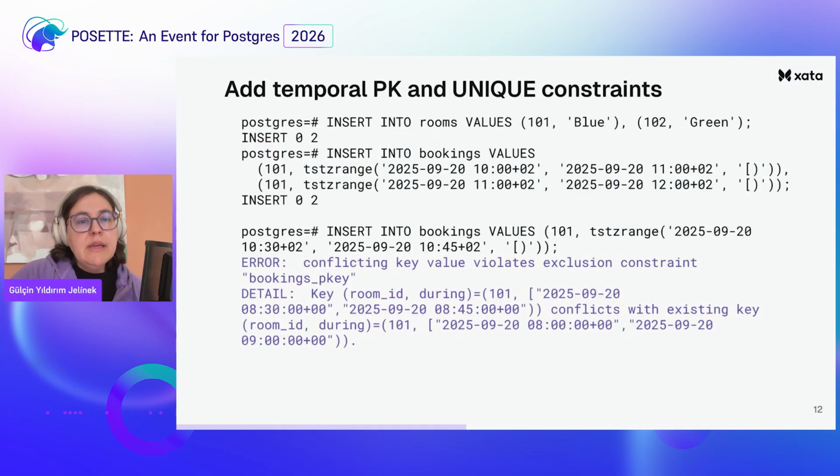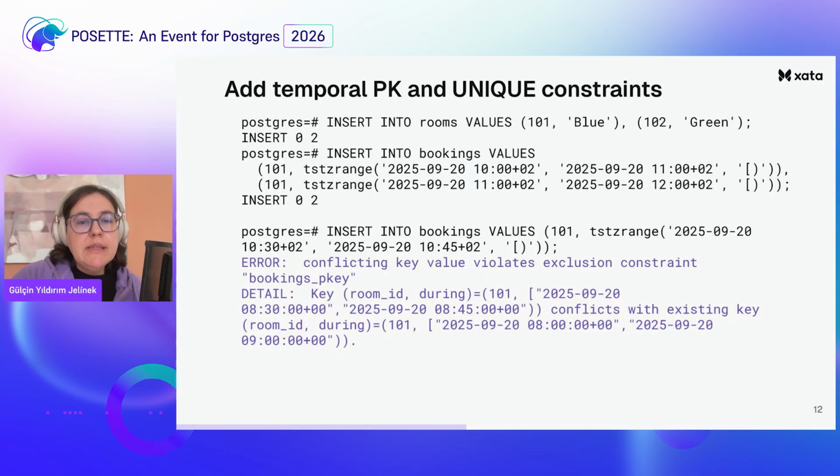Then let's try to insert. I insert two rooms, a blue room and a green room. For the blue room, I want to insert two values: from 10 to 11 on the same day, and from 11 to 12 on the same day.